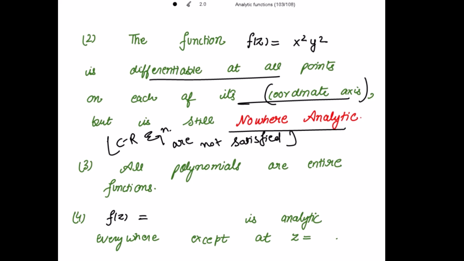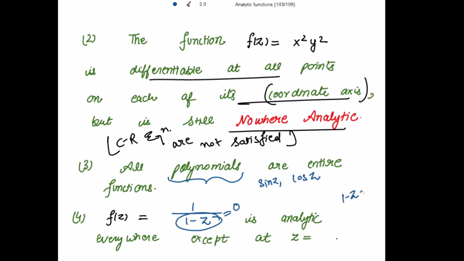Third point, please remember that all polynomials are entire functions. Also, sin z, cos z, such kinds of functions are also entire functions. Then if I take a function of the kind 1 divided by 1 minus z, this is analytic everywhere except at the point where the denominator is 0.